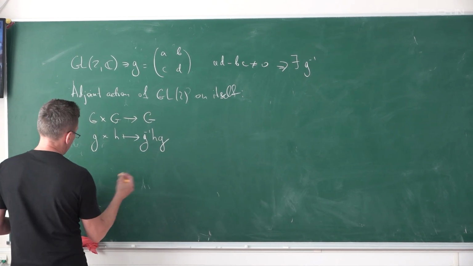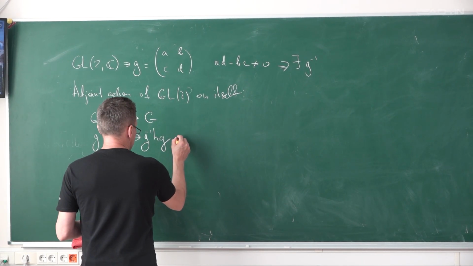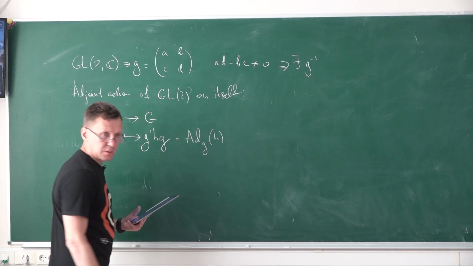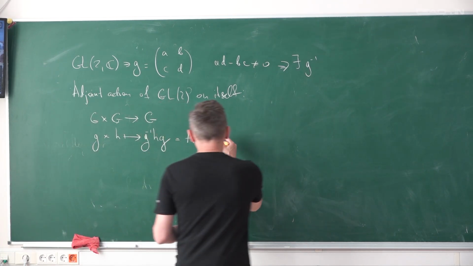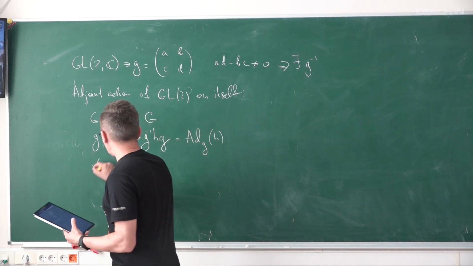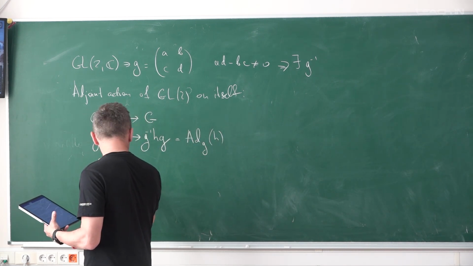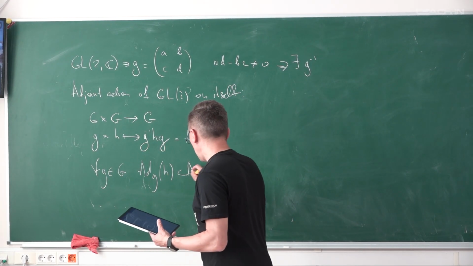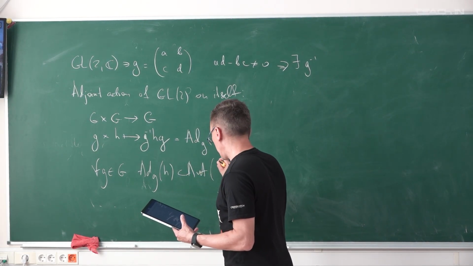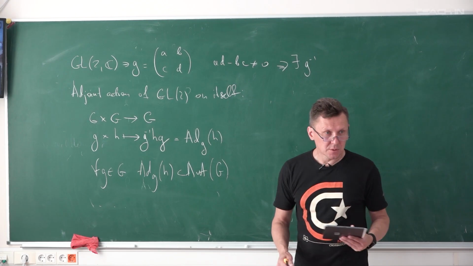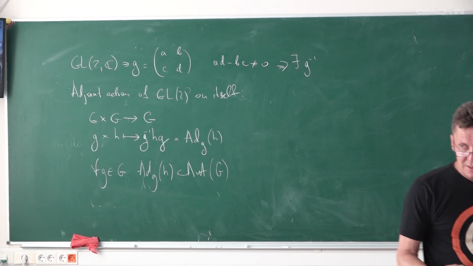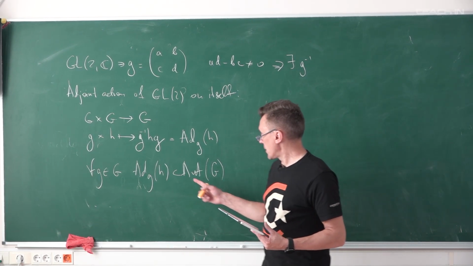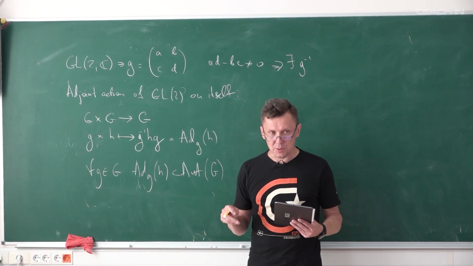It is the adjoint action of element G on H. We have to demonstrate that for each G, the adjoint action is an automorphism of the set G. So it defines a bijective map of the group to itself. Why is it a bijective map?